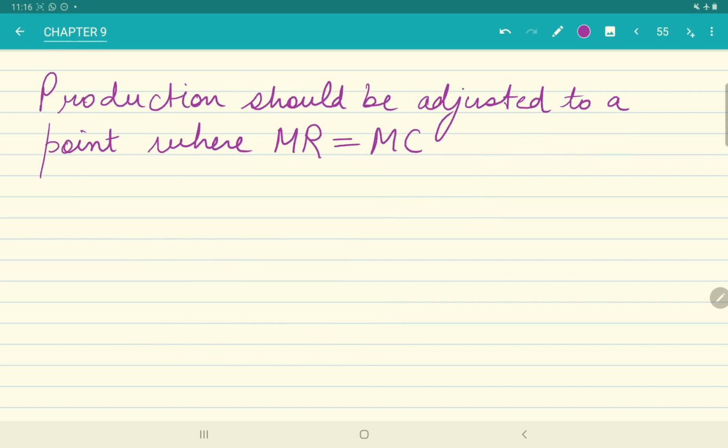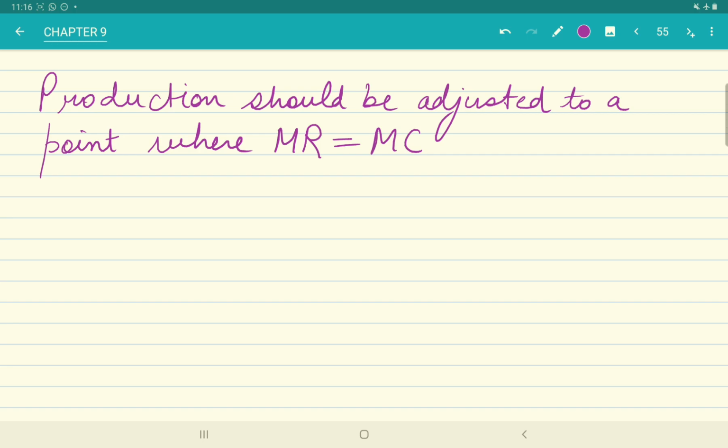So that's the necessary condition for that interior point q star to be the maximum, to give us that maximum profit: we have to adjust production to a point where marginal revenue is equal to marginal cost.